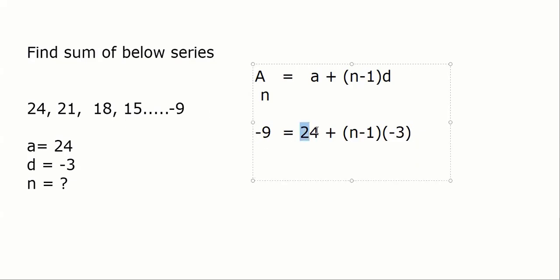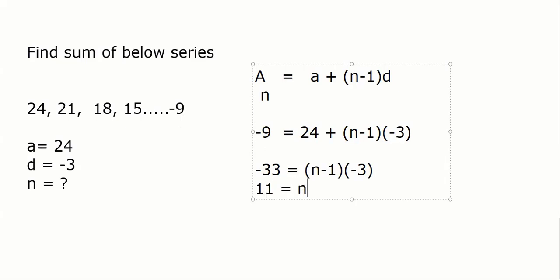24 comes to the left side. Minus 9 minus 24 is minus 33? Minus 3 comes to the left side. Minus 30 divided by minus 3 is 11.